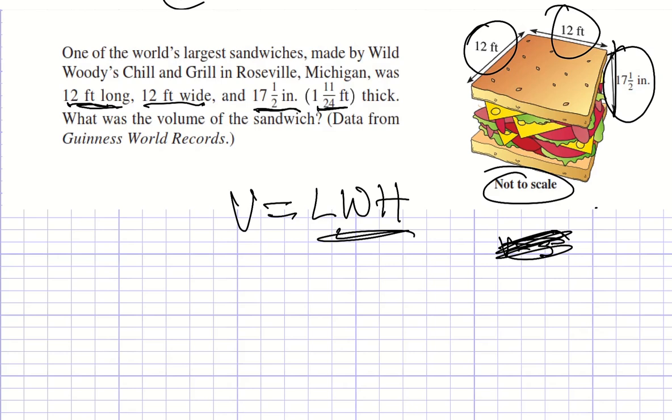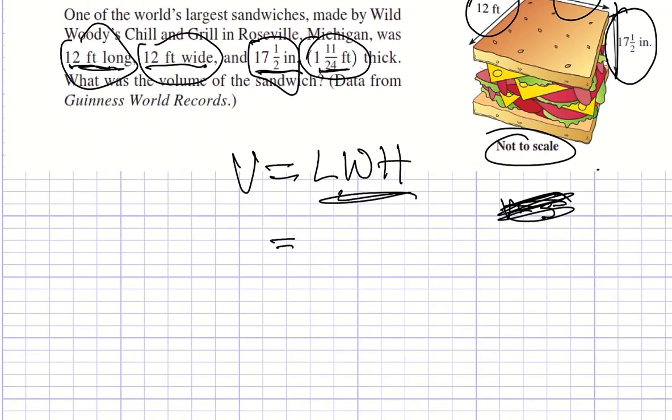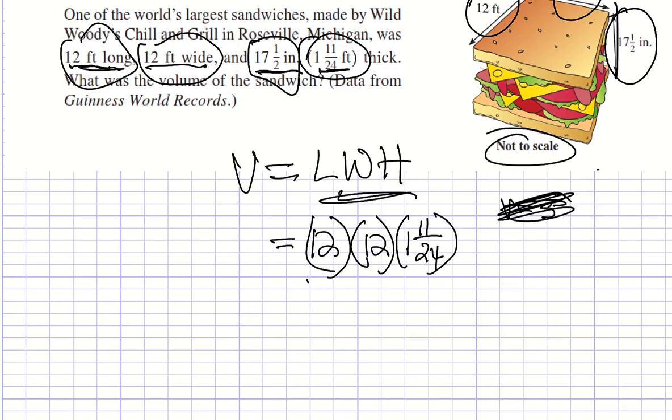So another thing you learn from here is that when you're doing a problem like this, you can't multiply this with that. You can either change feet to inches, or you can use feet for all of them. So you have to use one unit. So we'll do it this way: 12 feet times 12 feet times 1 11/24 feet. That way these are all in feet.